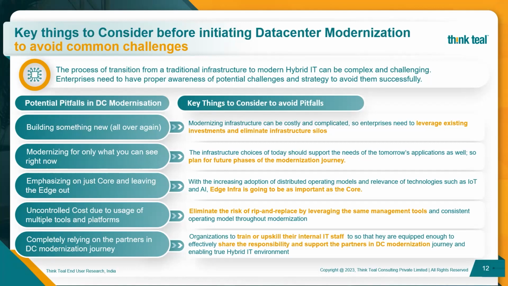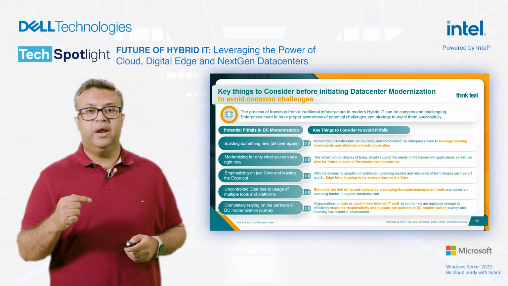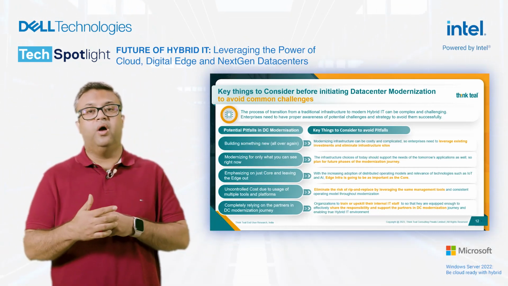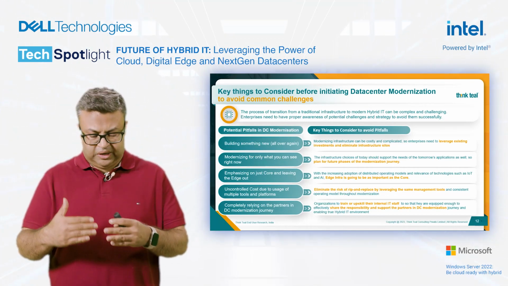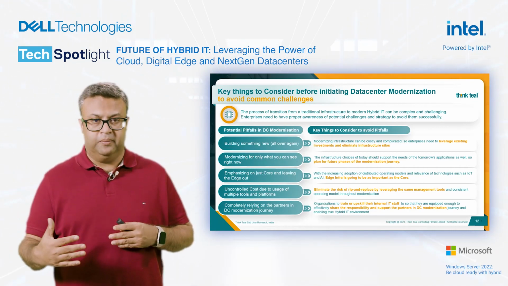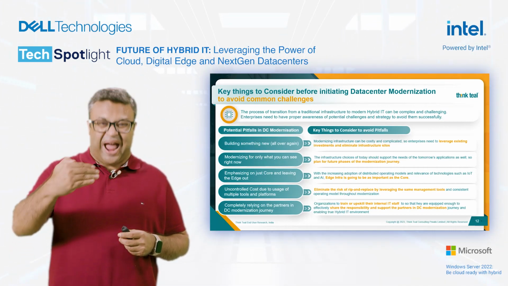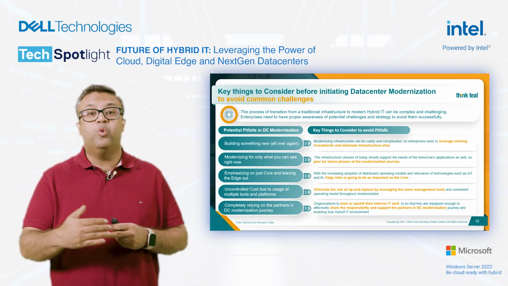Do I need to modernize right from scratch, or do I modernize what I need to right now? I think it's very important that you plan for the future as well. A modernization journey is not just to cover you for the next foreseeable 1 to 2 years; it is to make it more long term. So rather than making it tactical, you should look at your data center modernization initiative as more strategic.